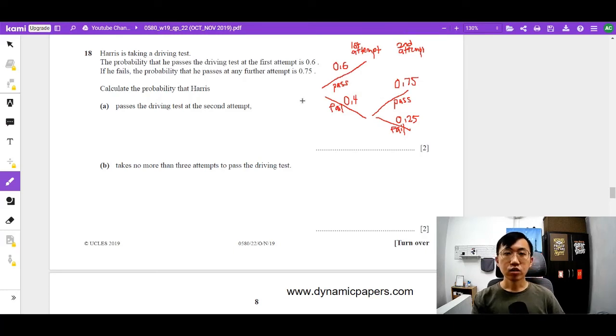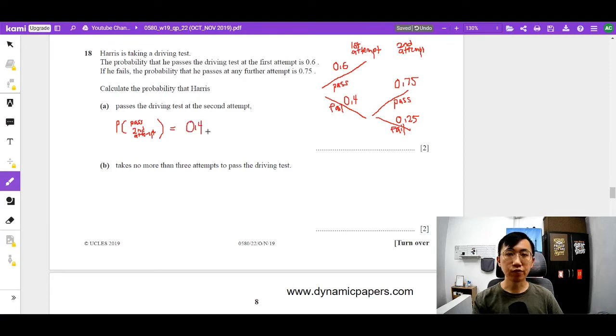Okay, so let's see this question. Calculate the probability that he passes the driving test at the second attempt. So you have to go through the branch: fail first time, pass the second time. Let us start. Probability of passing at the second attempt equals... you are going through the right-hand side, branching to the right, so it's multiplied.